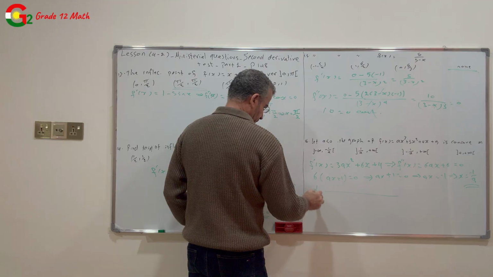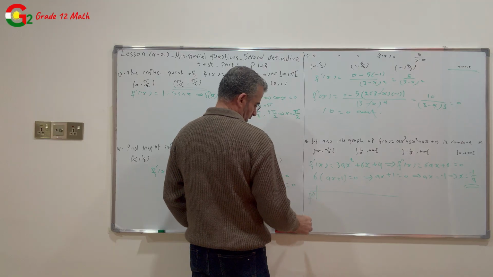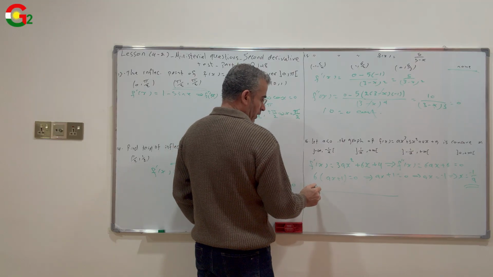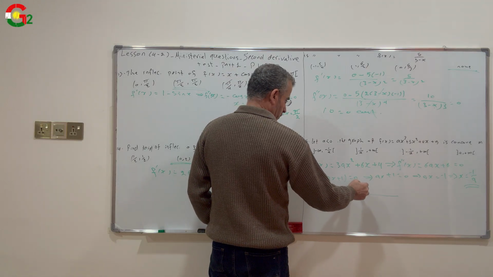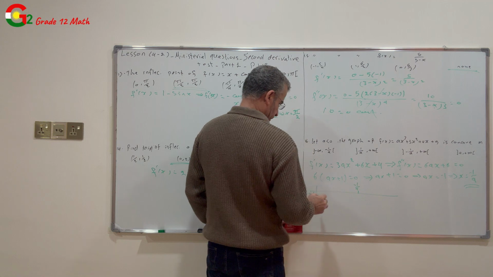Find the sign of the second derivative before and after negative 1 over a.